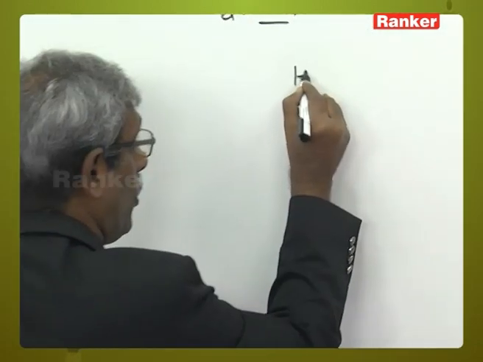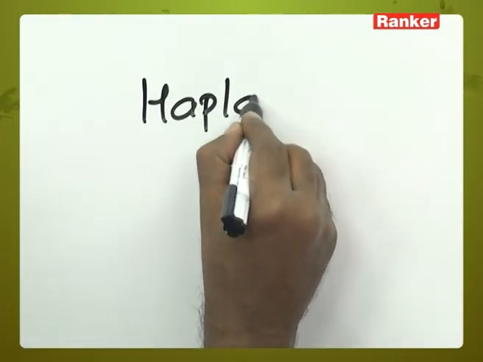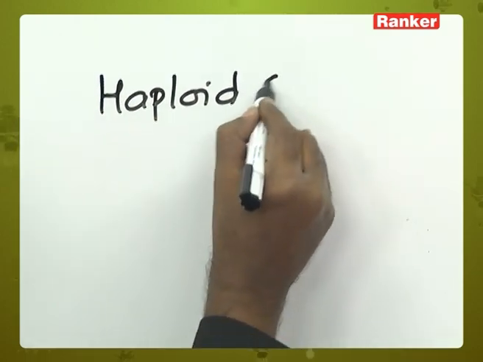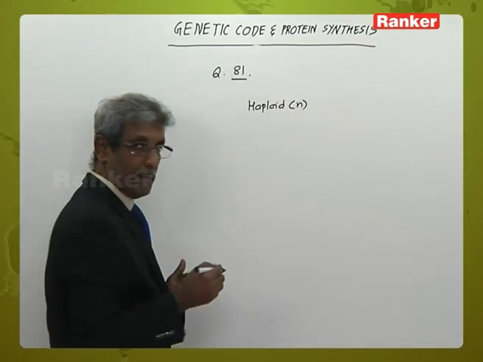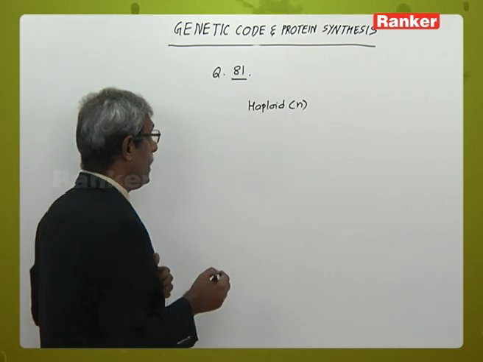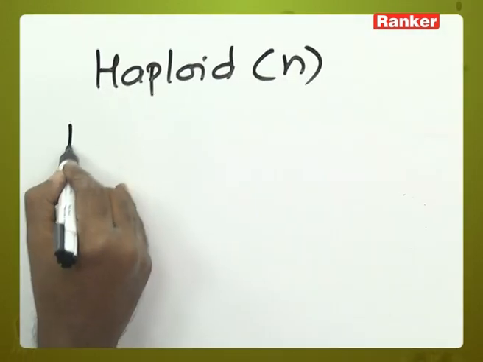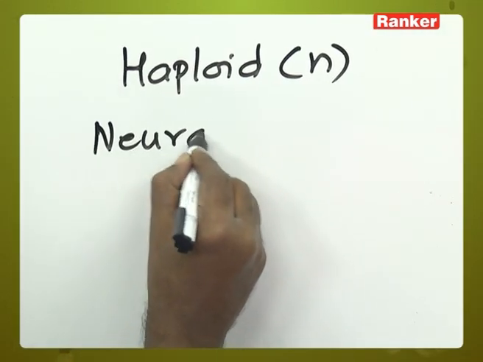When you take haploid organisms, they have n number of chromosomes, and they are commonly seen in the case of Neurospora.